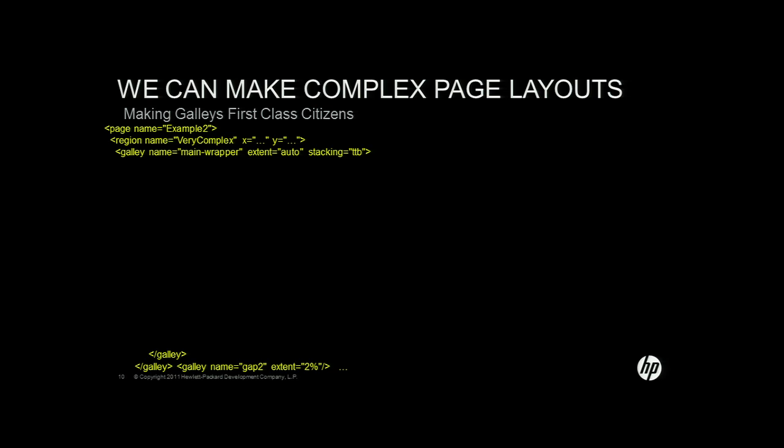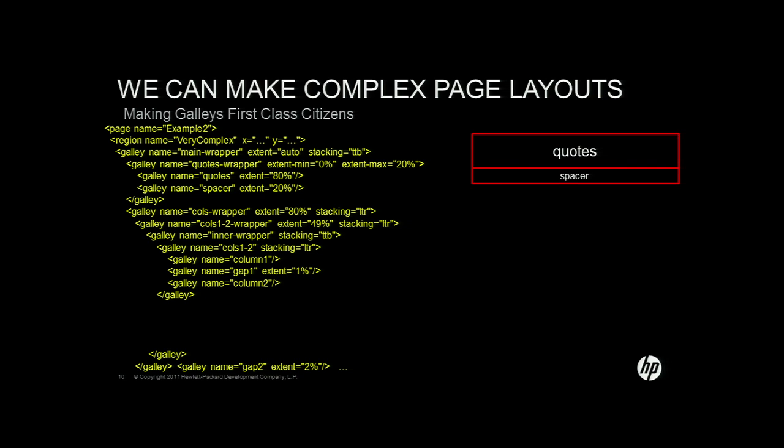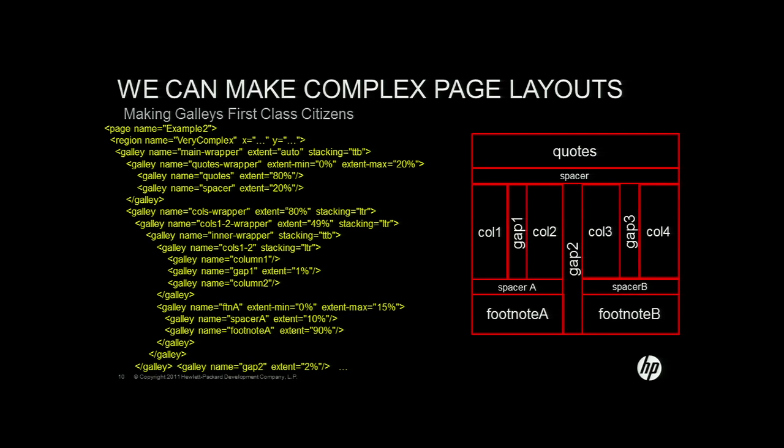Now that this has been introduced, we can do fairly sophisticated layouts. For instance, we can also use this to generate quotes. There could be pull quotes or side notes. We can have columns, and we can have column wrappers and gaps. And so we can create documents that are fairly sophisticated. You see I created a document which has basically 4 columns, has gaps between the different columns, and then has subgroups with the relative footnotes.